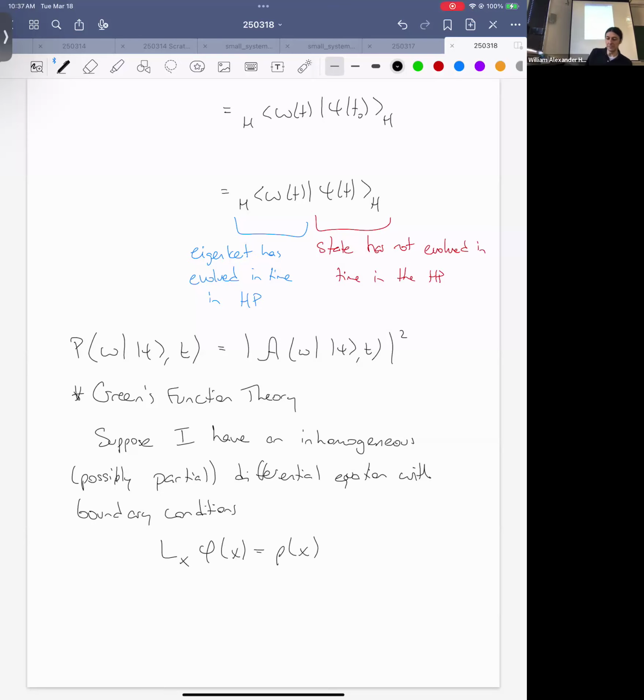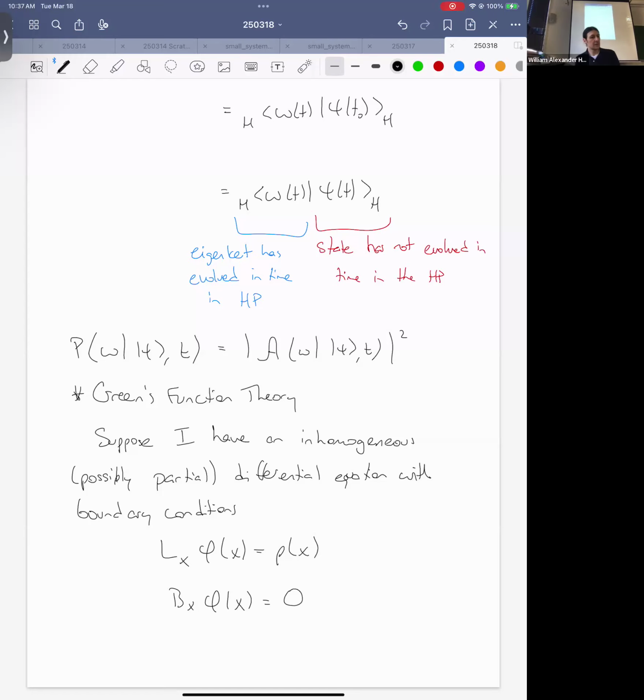So this should remind you of the Poisson-Laplace equation. I forget which of those is the inhomogeneous one, but I'm thinking about the inhomogeneous one with some boundary conditions on my function, which I might think of as a potential, is just 0.